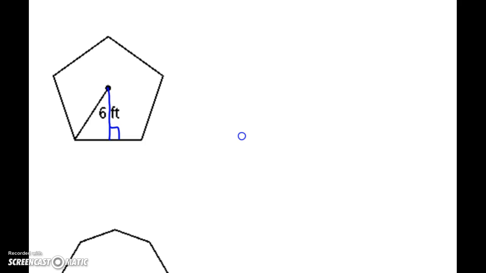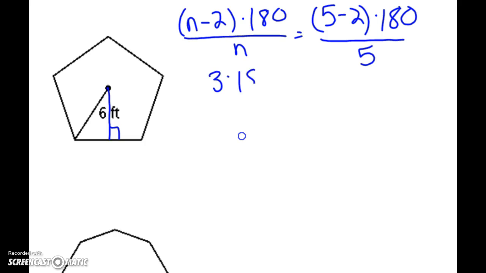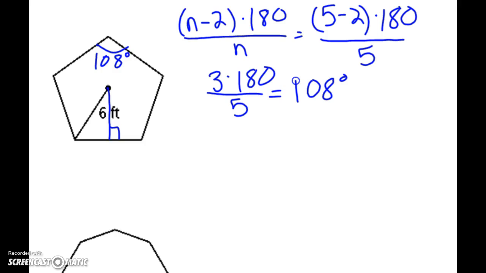So I'm going to use my angle sum formula, n minus 2 times 180 over n, and plug in 5. 5 minus 2 times 180 over 5 gives 3 times 180 over 5, which equals 108. So each corner of my pentagon has 108 degrees.